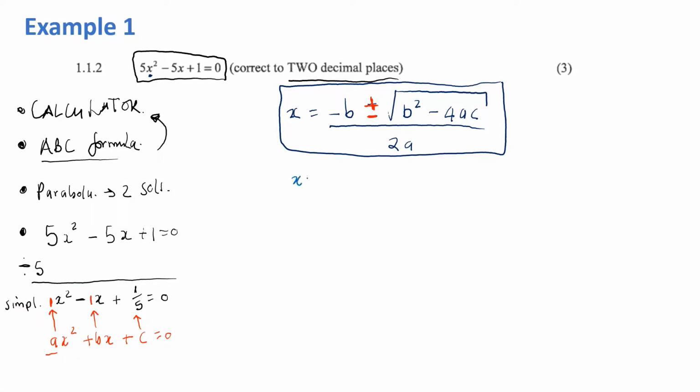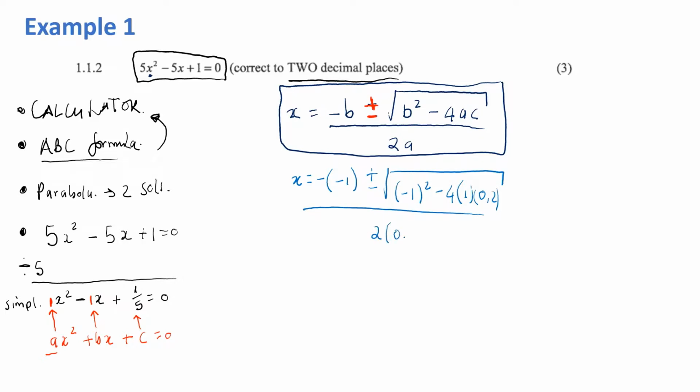So x equals minus, well, minus 1, right? Plus or minus the square root, and here I'm going to write minus 1 squared minus 4, a is 1, and c is 0.2, over 2 times 1, and that's just 2.